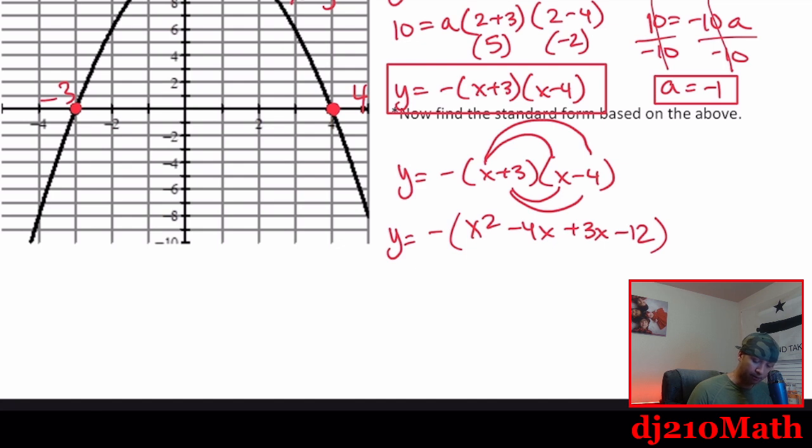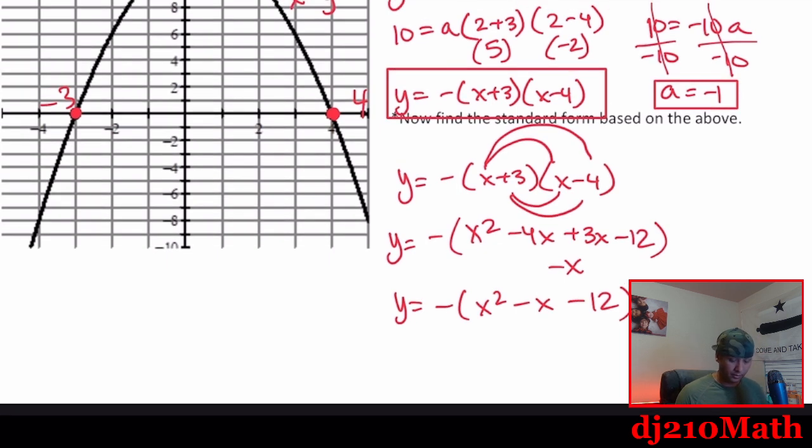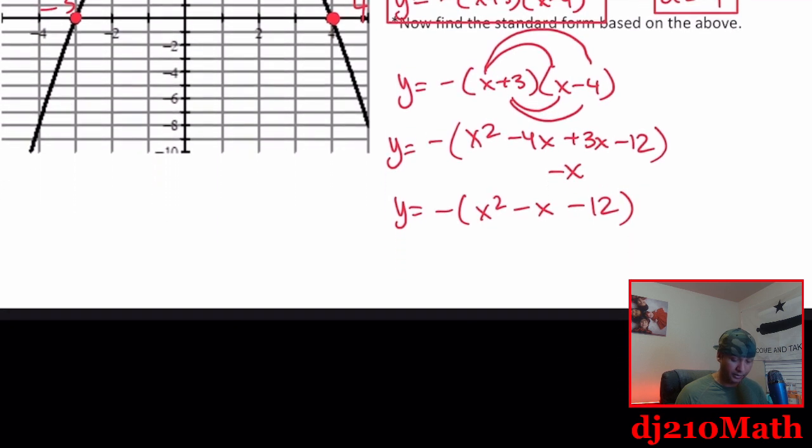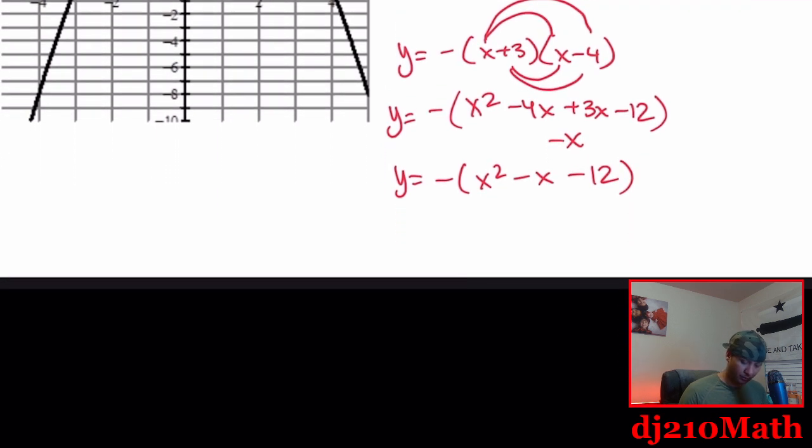Combining like terms, negative 4 plus 3 gives negative x. So y is equal to negative times (x squared minus x minus 12). Distributing the negative, we get the final answer: y is equal to negative x squared plus x plus 12.